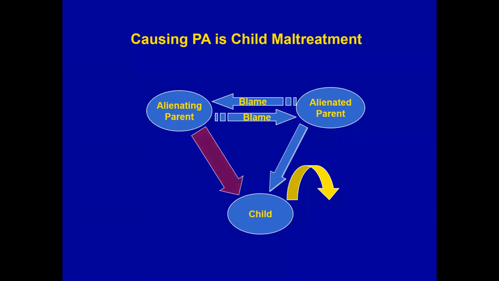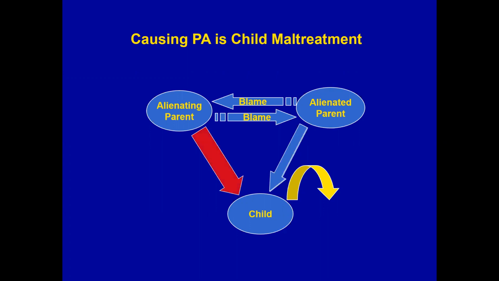I'm going through all this because some people have different definitions and use these words in a somewhat different way. But this is how we distinguish alienating behaviors by the parent from parental alienation, which is a mental condition of the child.